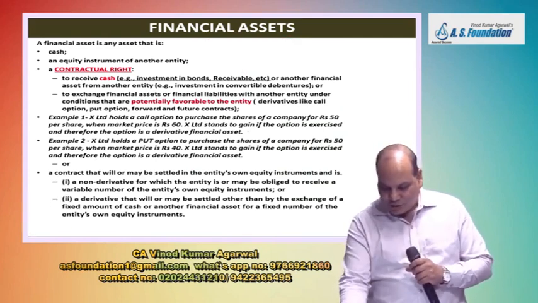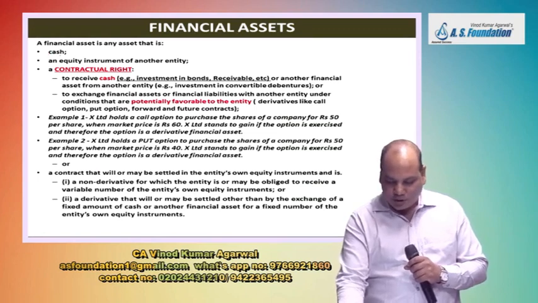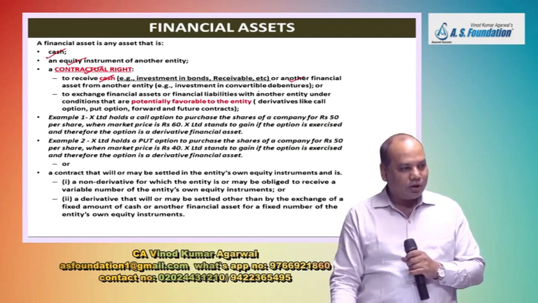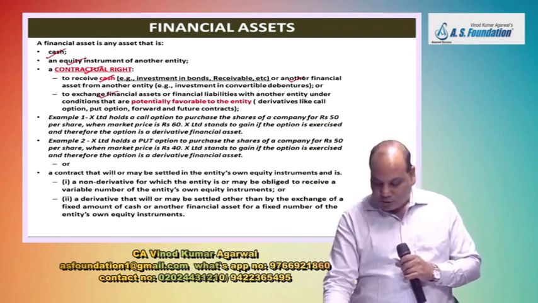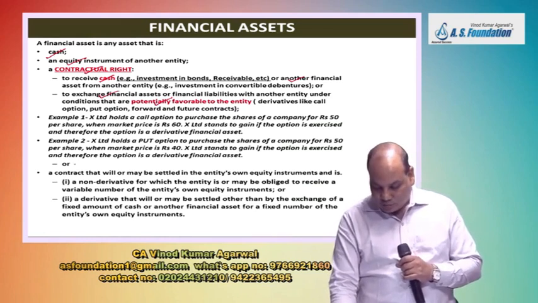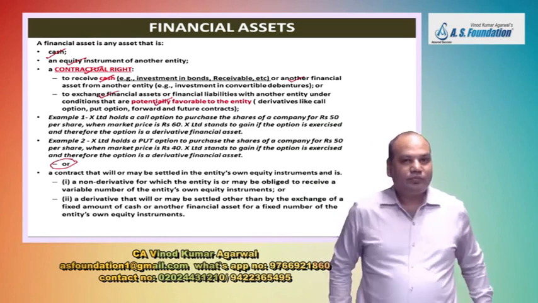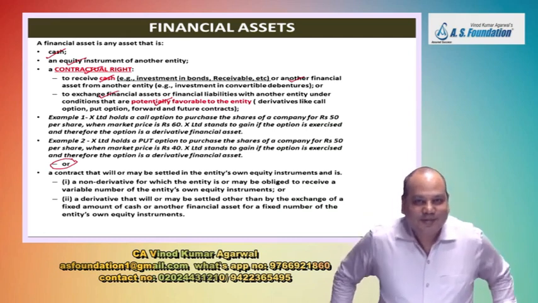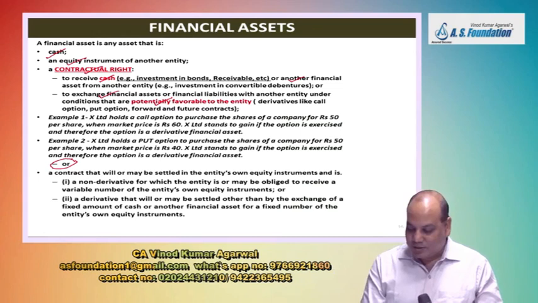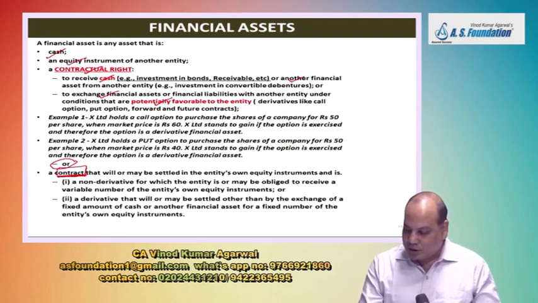Now, we have covered financial asset up to this: cash, equity instrument, contractual right to receive cash or another financial asset, exchange under potentially favorable condition. Or there is one more line which is getting more and more complicated. A contract, again, repetition, contract that will or may be settled.